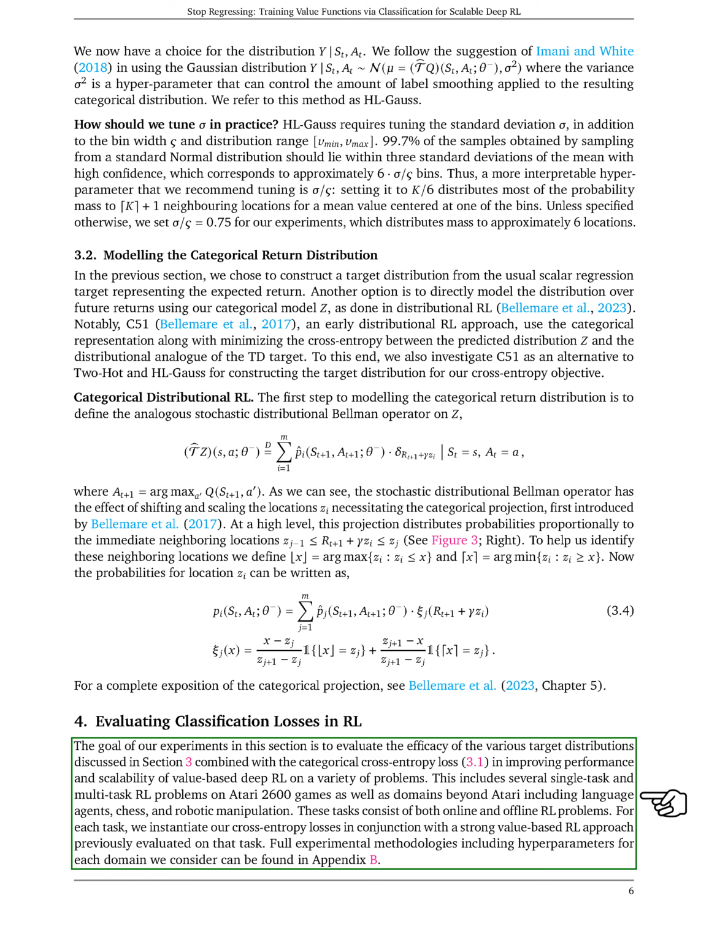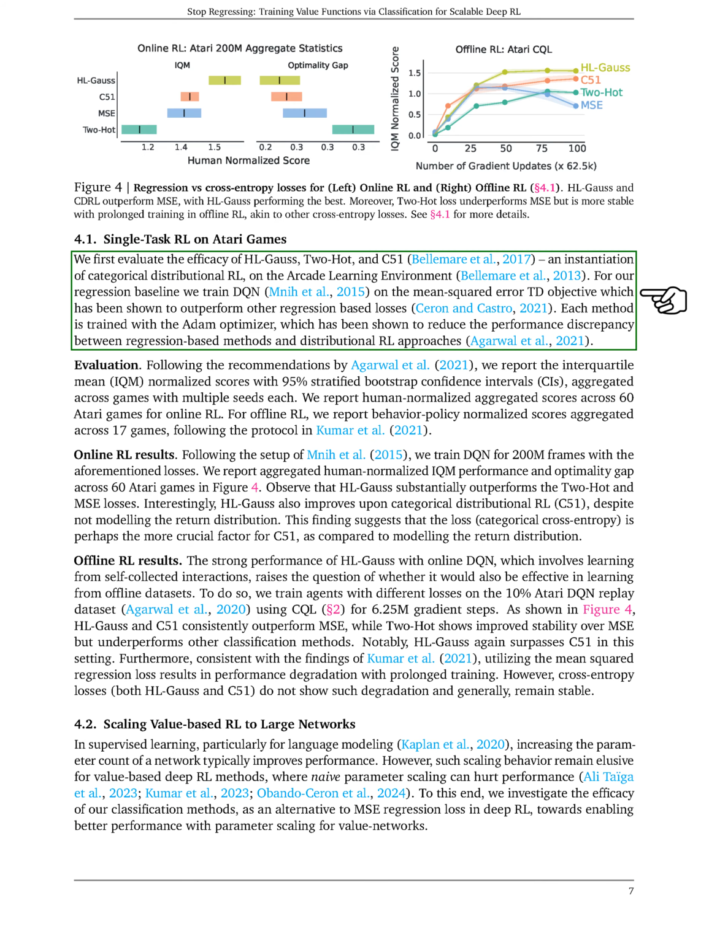When focusing on single-task RL with Atari games, we compare the performance of HL Gauss, Two-Hot, and C51 against a baseline trained with DQN using mean squared error for the temporal difference objective. We use the Adam optimizer for training, which helps minimize the performance gap between regression-based methods and distributional RL approaches.